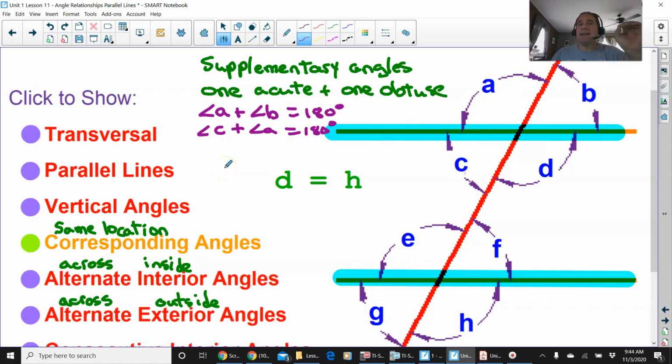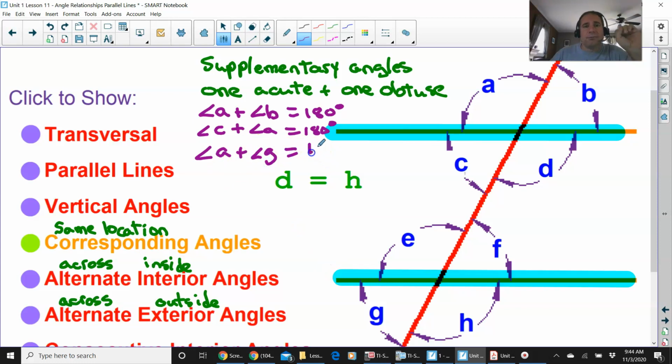The angles do not have to be next to each other to be supplementary. So if I pick angle A plus some angle down here, H? No, A and H are both obtuse, so they're not supplementary. A and G, one acute, one obtuse, 180 degrees.